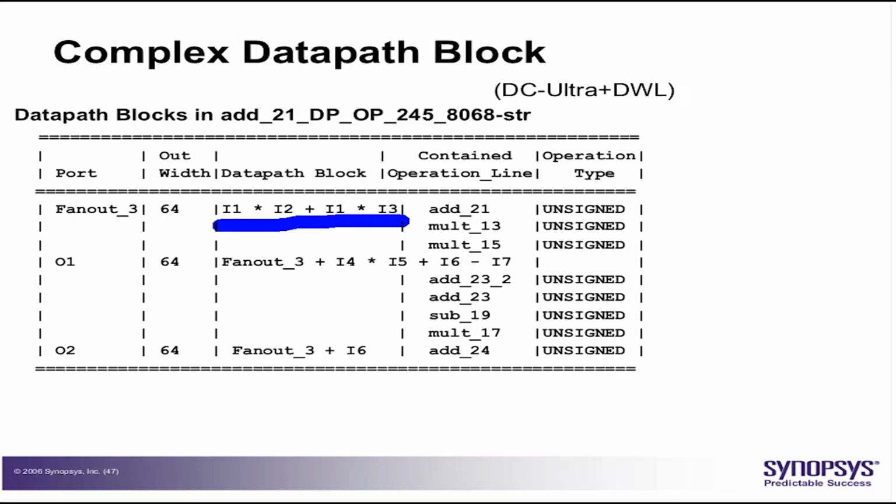It contains 2 multiplications and 1 addition. Then the O1 output is simply fan out 3 plus I4 into I5 plus I6 into I7.